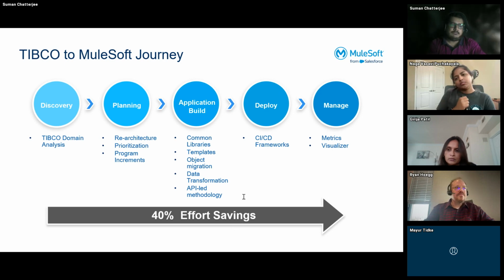So apart from your MuleSoft platform, you have other ancillary technologies already available with your customer, which you can reuse or repurpose to fulfill the existing demands that you would have in your MuleSoft transformation.